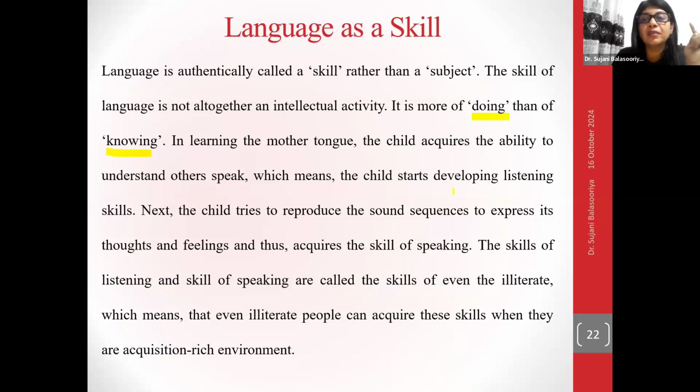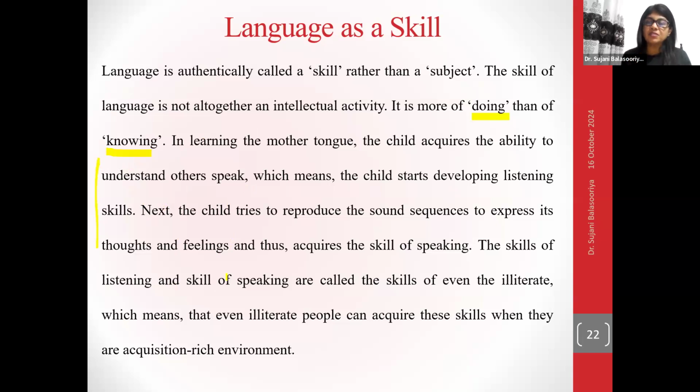In learning the mother tongue, the child acquires the ability to understand others speak, which means the child starts developing listening skills. Now here again, we are coming to the discussion of the child, right? First language acquisition of a child or of an infant. So what is happening? This is how the skills are acquired in an order within the infant. First, the listening skills.